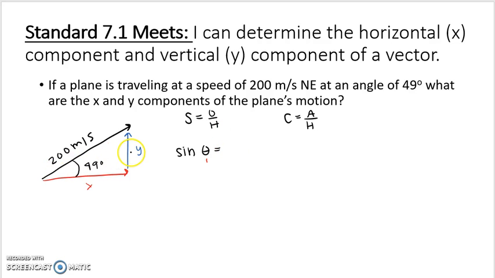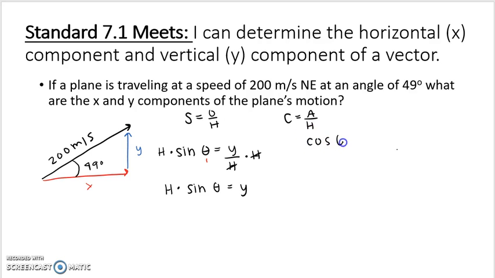Opposite of my angle is y over my hypotenuse. Now in order to get y all by itself, I multiply each side by the hypotenuse. I end up with hypotenuse times the sine of my angle equals y.